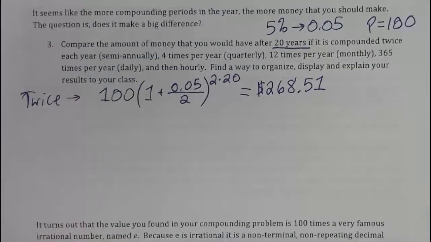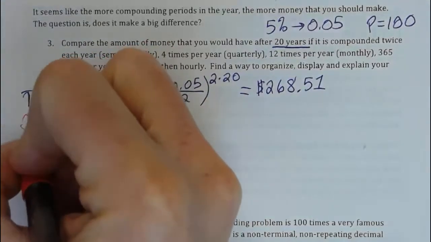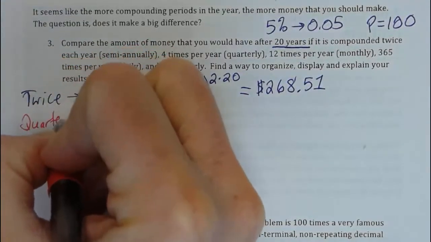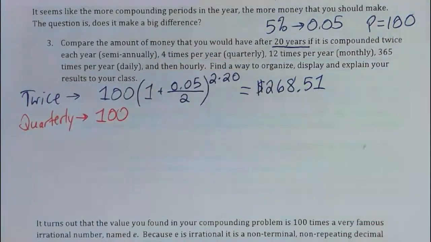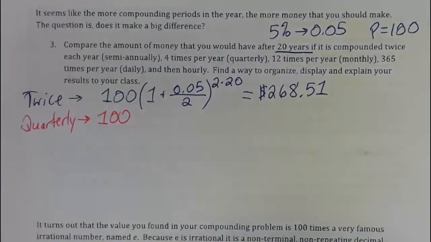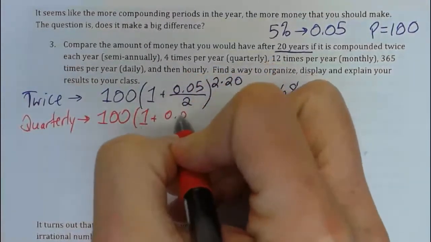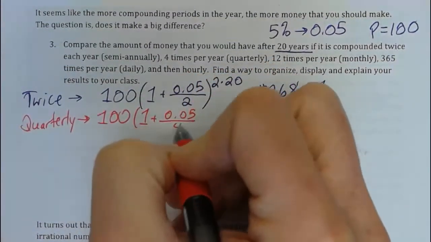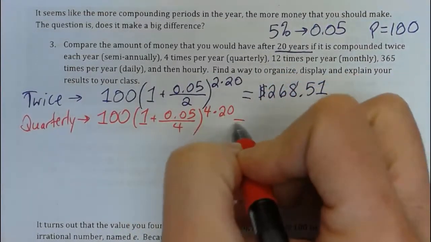Now we are doing it quarterly, which means 4 times a year. So quarterly, that is 100 times 1 plus our percent divided by 4, and then 4 times our 20 years.